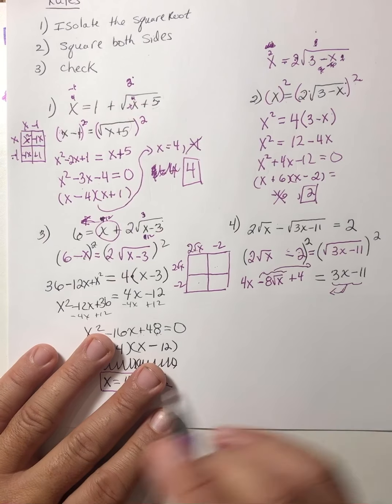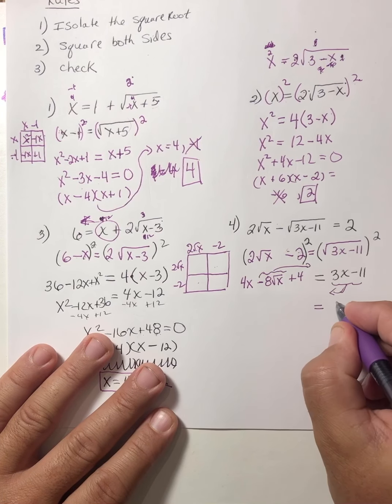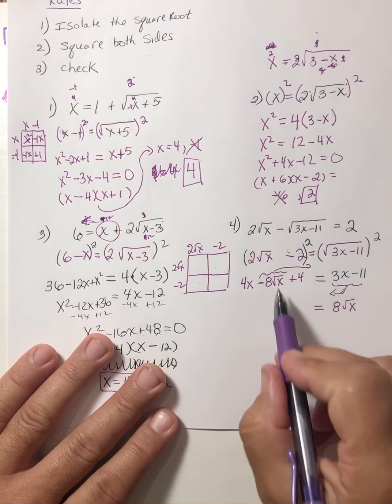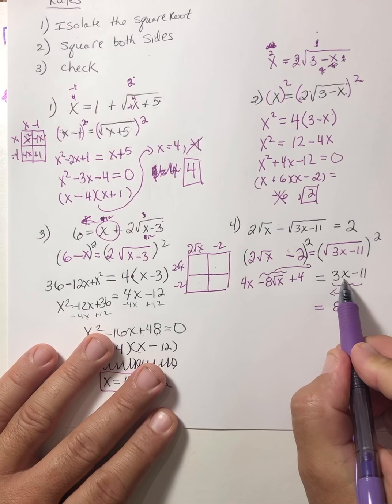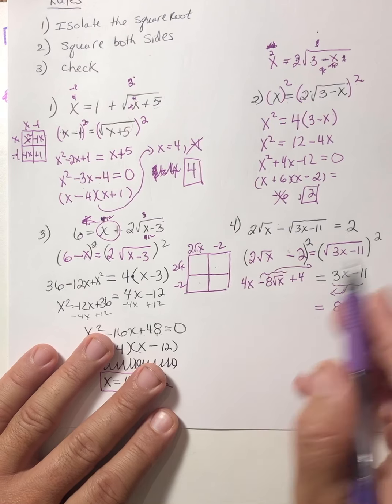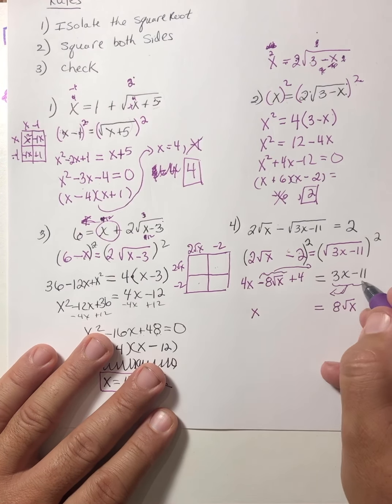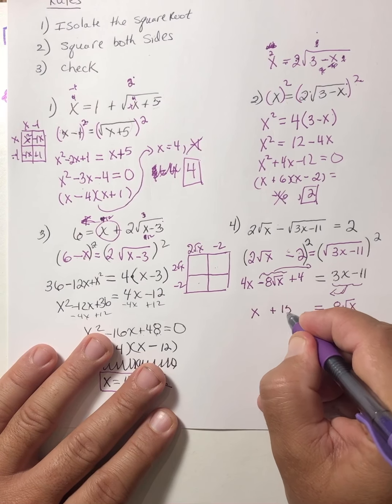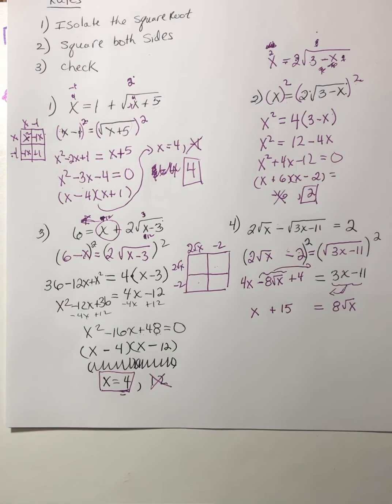So I'll have my 8 radical x on this side as a positive. Then I'm going to subtract the 3x from the 4x, and I'm going to add 11 to the 4, so plus 15. There. Now this looks just like all of our other problems, because we had to square twice.